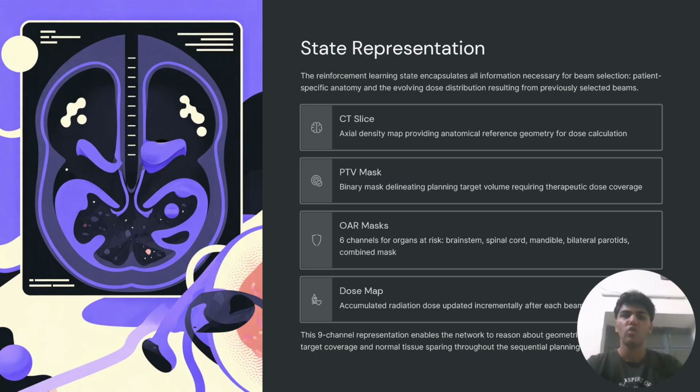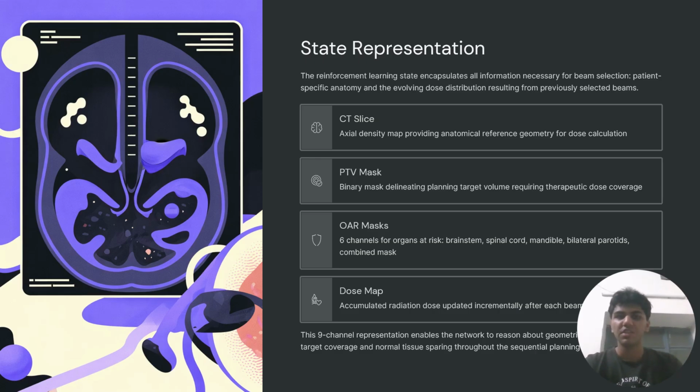Then we include OAR masks, which are binary maps for the organs at risk, like the brainstem, spinal cord, mandible, and both parotid glands. These are critical structures that we need to protect during treatment. Finally, there's the dose map, which records the cumulative radiation dose so far.